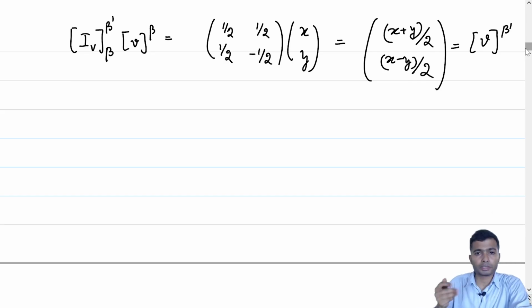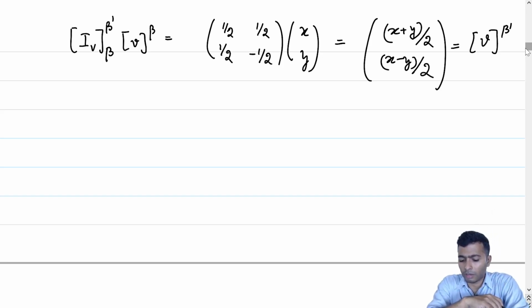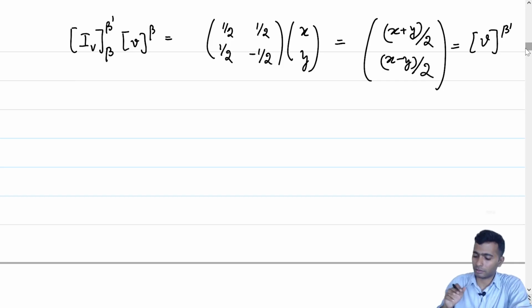Alright, now let us consider how the matrix of a linear transformation changes when we change the basis of the given vector space. So for simplicity, let us do this study for linear transformations from V2 to itself.